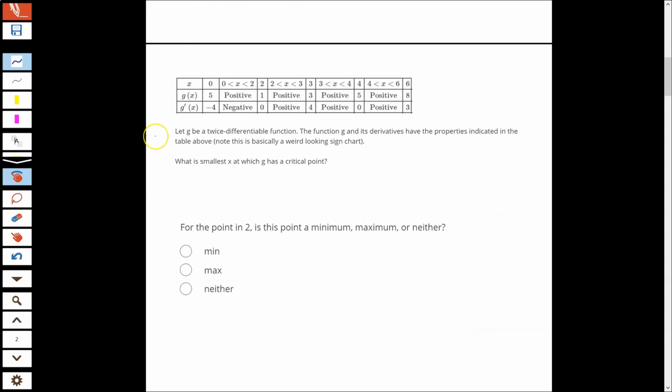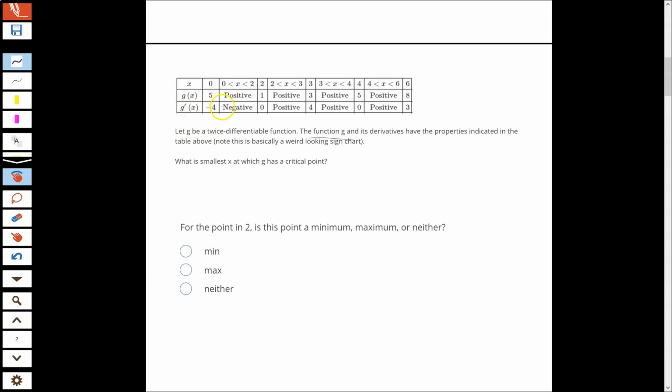Moving on. This one looks scary. Like when I look at this chart, I don't like the way this chart looks. But this is actually pretty easy. So the function g and its derivatives have the properties indicated in the table above. What is the smallest x at which g has a critical point? Okay, so critical point would be where the derivative is equal to 0.